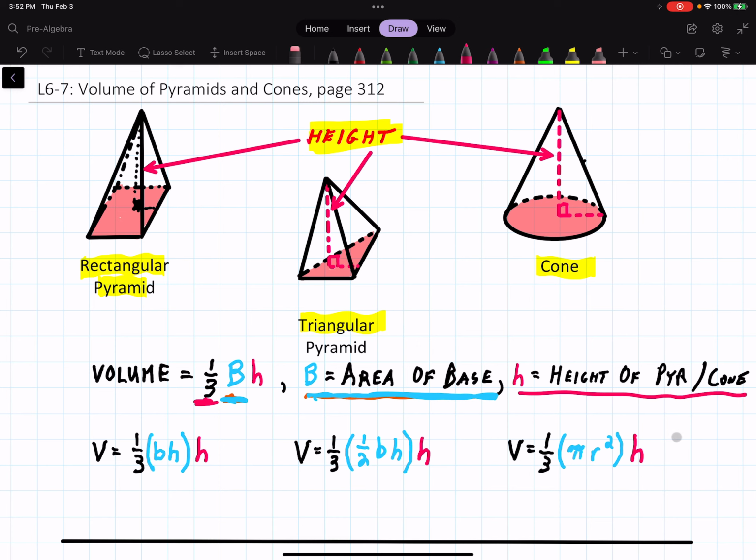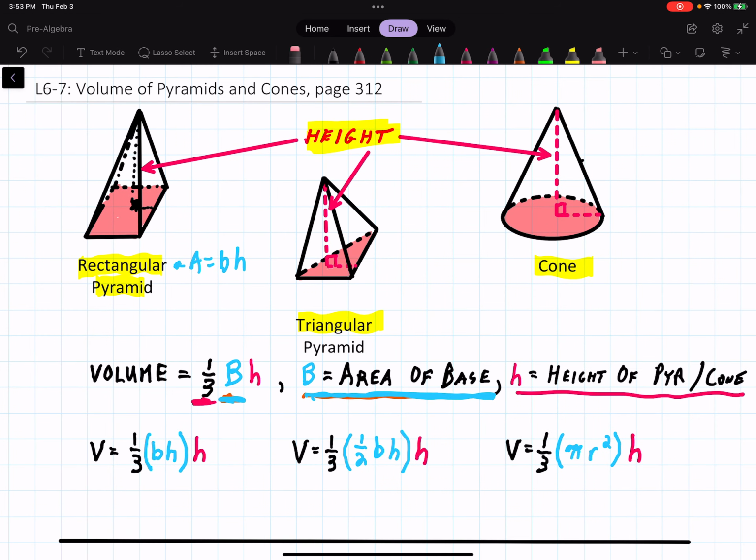So writing these out directly, the area of the base of a rectangular pyramid is equal to base times height, the base of the rectangle at the bottom, and you can see that in blue I wrote that in down here.